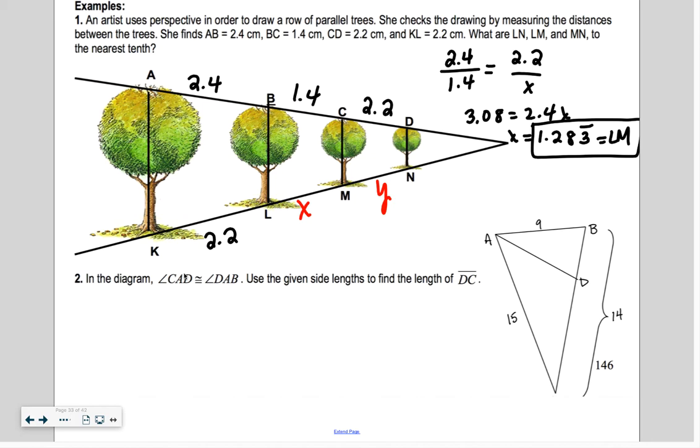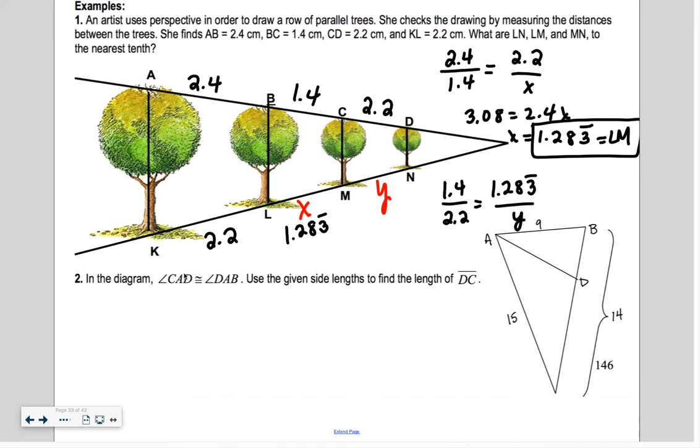All right, so now that I have that 1.283 repeating, can I get what y is? Yeah, and you could do it with any part. I could do 2.4 over 2.2 equals 2.2 over y. Or I could do 1.4 over 2.2 equals 1.283 repeating over y.